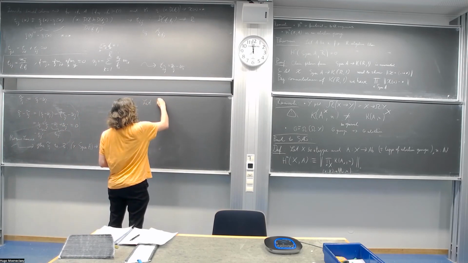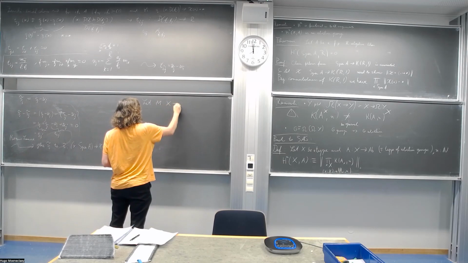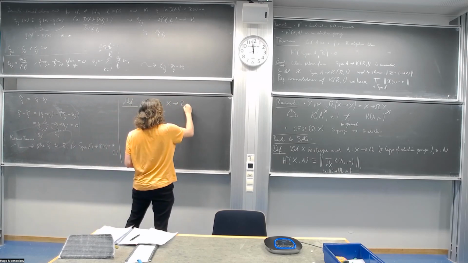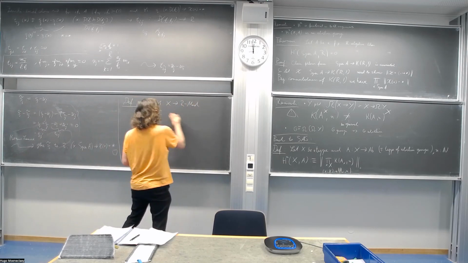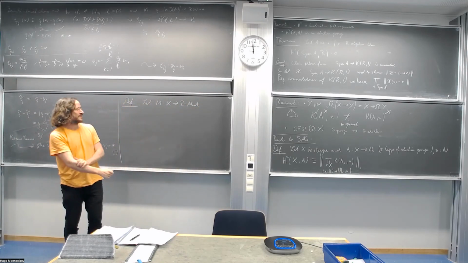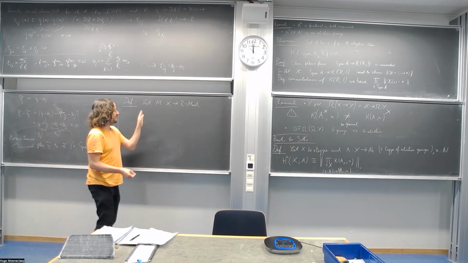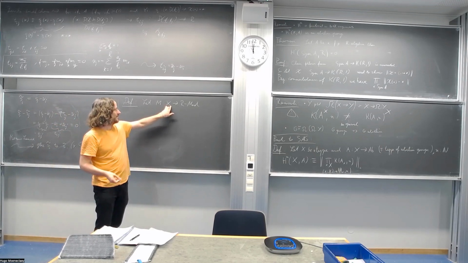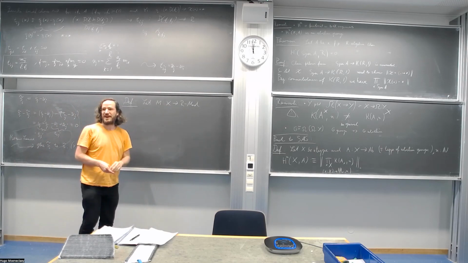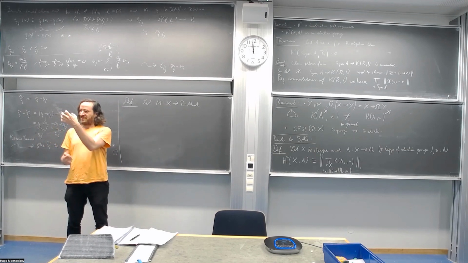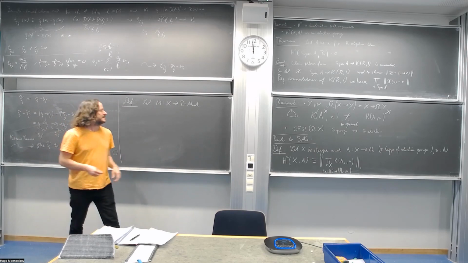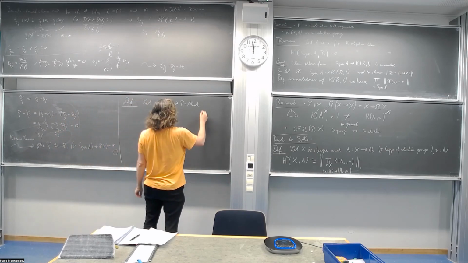So, let M be, say, a dependent module on some type. Sometimes we say a bundle of modules. You have a map from X to the type of R-modules, so at each point you have some R-module, M little x.